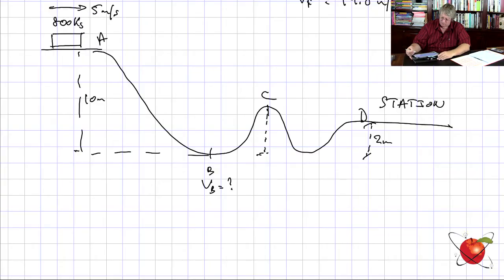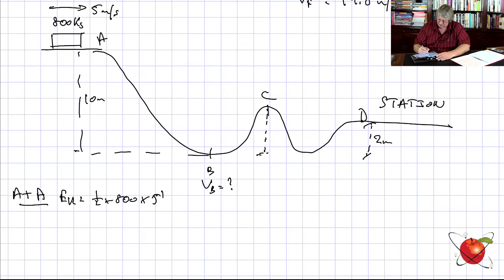We always look for the place where we've got a kinetic and a potential given, where we can work them out. So we say, right, at A, EK is equal to a half times 800 times 5 squared, which is going to be 400 times 25, isn't it? 400 times 25 is going to be 10,000 joules, which is also 10 what?